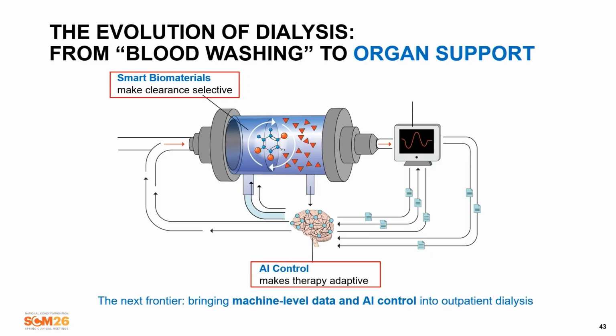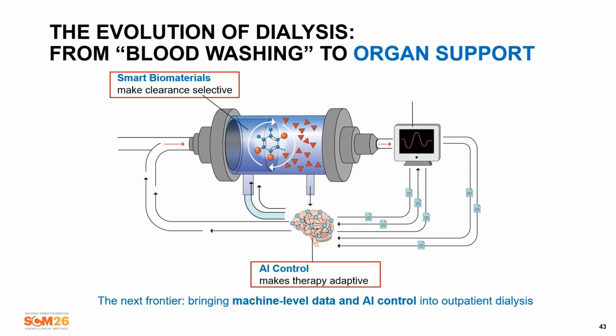As you know, smart biomaterials are emerging. We have great biomaterials for filters, with new developments coming. And there are ongoing efforts to use AI machine learning models to understand machine data and patient data and control.